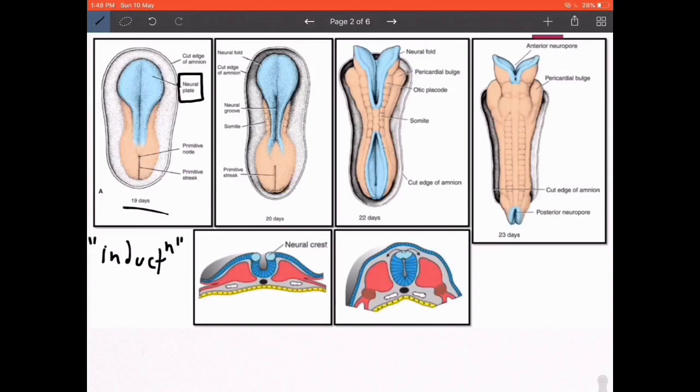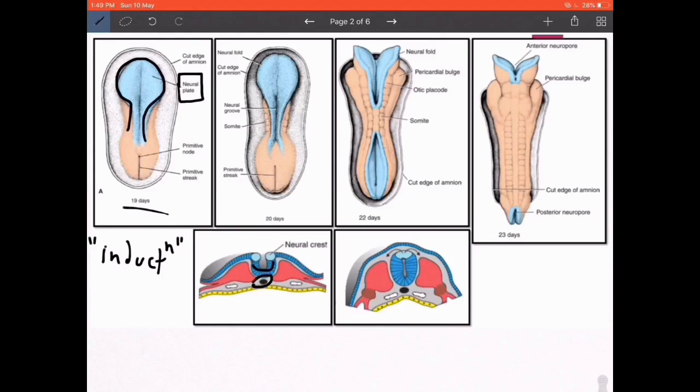There's molecular signaling involved. And the notochord is responsible for the induction of the ectoderm that lies over it. That's the notochord, and that's the ectoderm lying over it. And it induces the ectoderm to form what is known as neuroectoderm, which is arranged in the form of a plate like this, which is known as the neural plate.